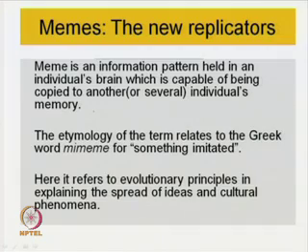So, then let us again read from Dawkins' text. MIM is an information pattern, as we have seen, held in an individual's brain, which is capable of being copied to another or several individuals' memory. So, we have talked about the MIM as a cultural unit. Here we have another perspective on the MIM.